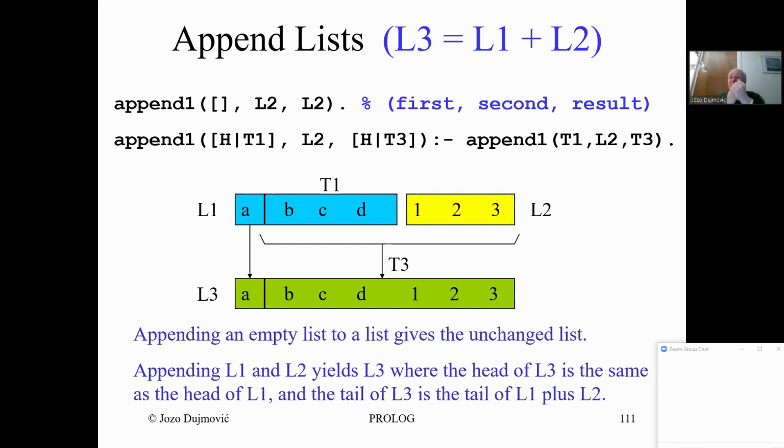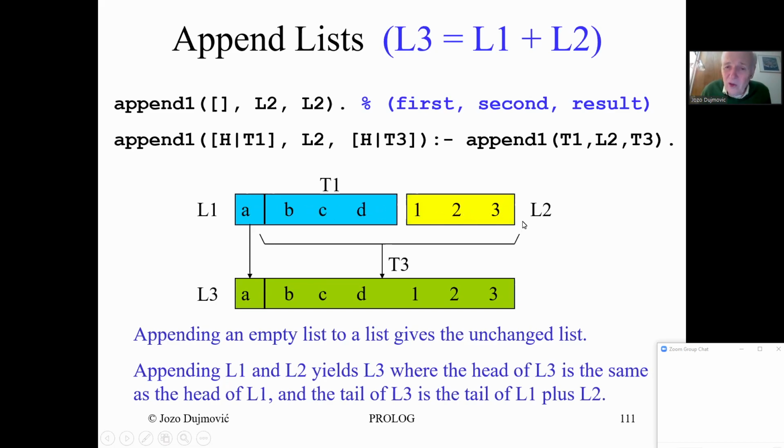There is a library function append, so I'm going to write the program append1 to make it different from append, that is the library function. Now the idea is this: we have this list L1 that is painted blue here, and list L2 that is painted yellow.